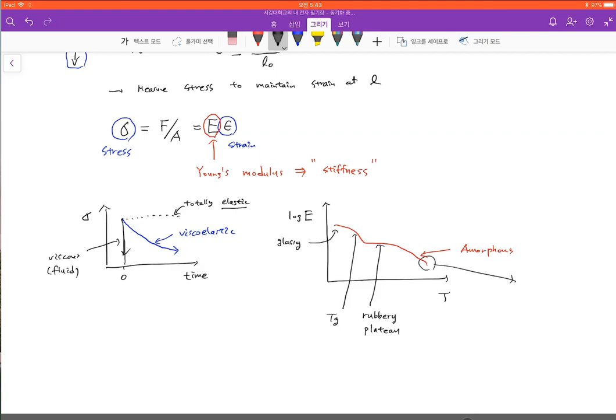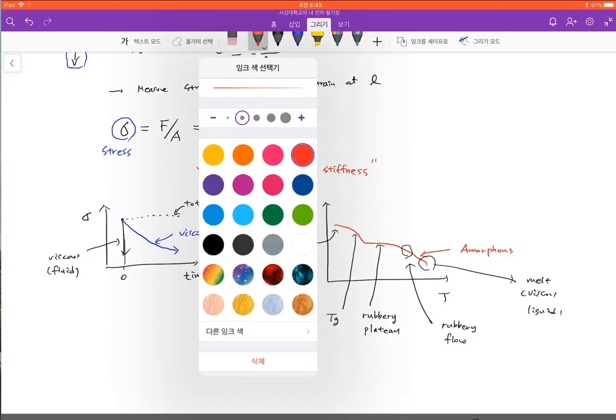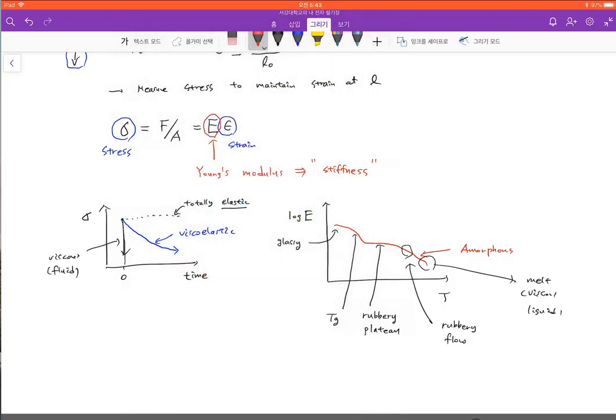And at high temperature it becomes melt or viscous liquid. The boundary between the rubbery plateau and viscous liquid is called rubbery flow. So this is the behavior of amorphous polymer.